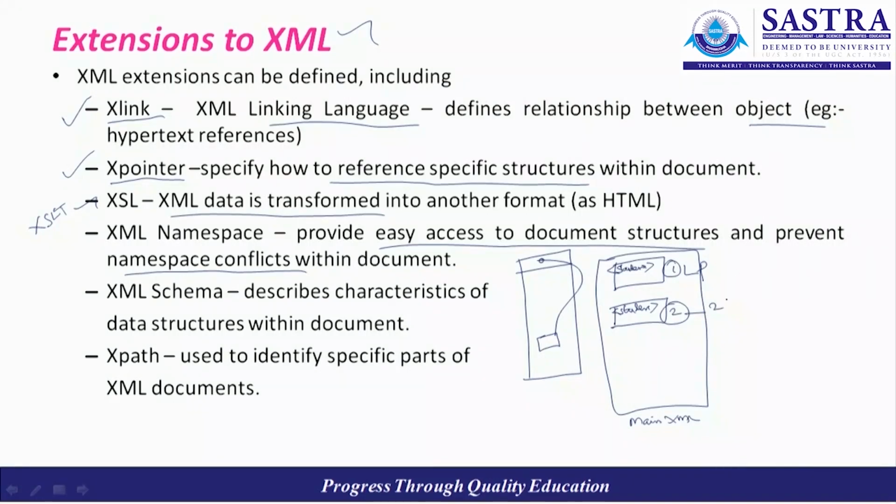Okay. Suppose the two elements have different child elements or attributes, in the sense it creates a conflict. To avoid that conflict, we can go for XML namespace, that we will discuss further.